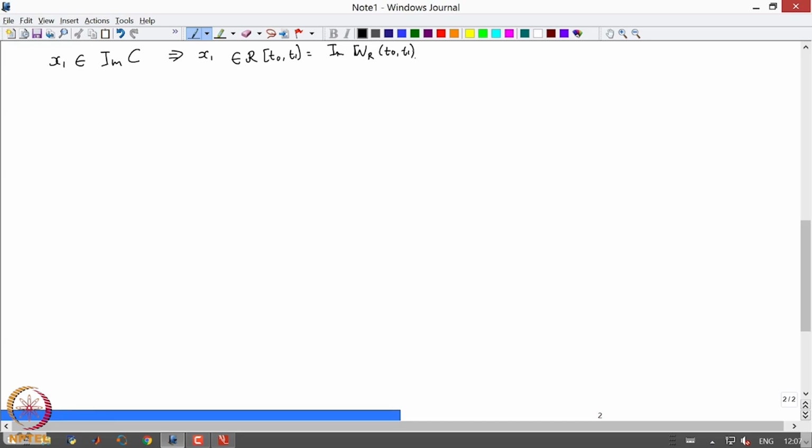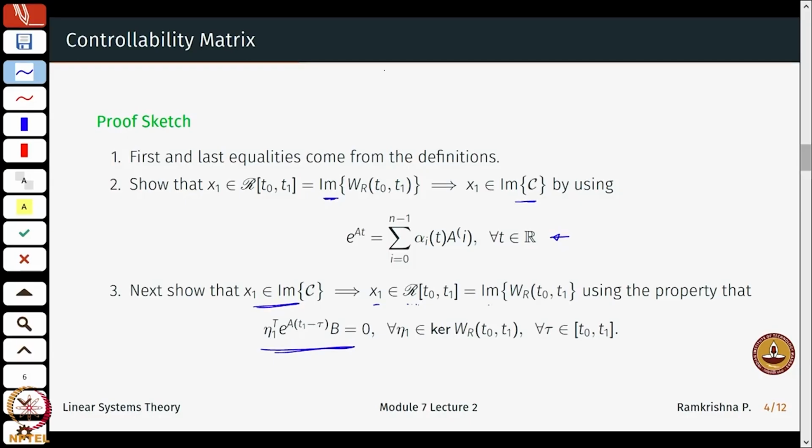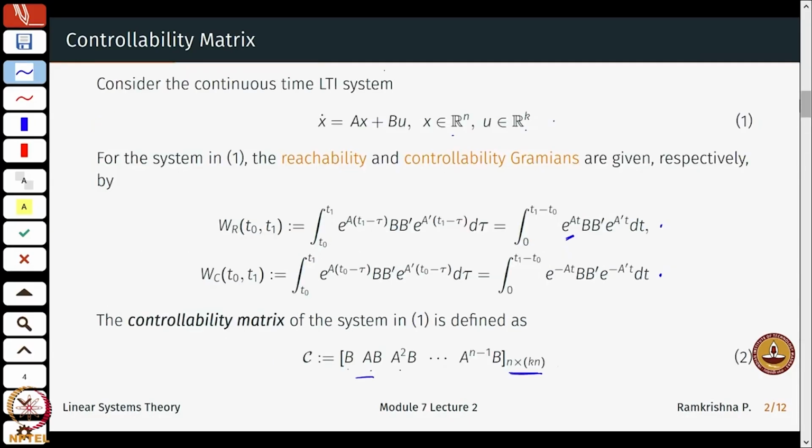So, how do we do this? When x 1 is in the image of C, there exists a vector v which belongs to R to the k times n, right. That is how the controllability matrix dimensions look, so this is an n cross k n matrix.